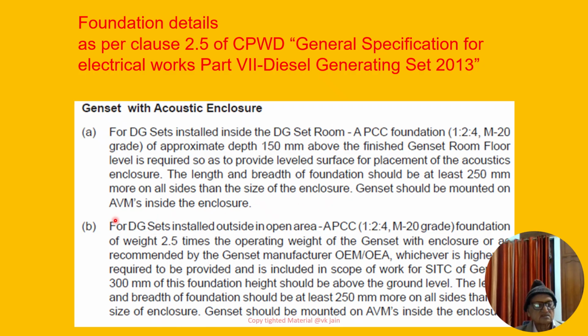Second provision, for a DG set installed outside in an open area, a PCC foundation of a strength and weight 2.5 times the operating weight of the generating set with enclosure, as recommended by the generating set manufacturer, OEM or OEA, whichever is higher, is required to be provided and is included in the scope of work for SITC of the generating set. 300 mm of this foundation height should be above the ground level.